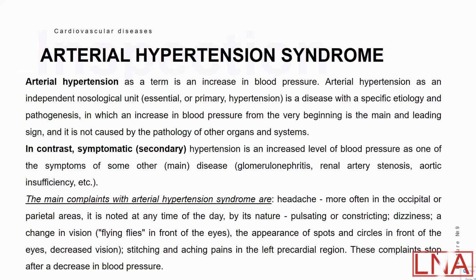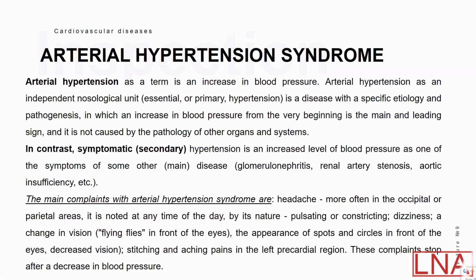The main complaints of a patient with arterial hypertension are, first of all, headache, more often in the occipital or parietal areas. It's noted at any time of the day and depends on the level of the pressure, not on day or night time. But its nature can be pulsating or constricting.